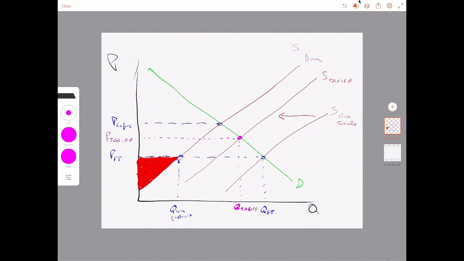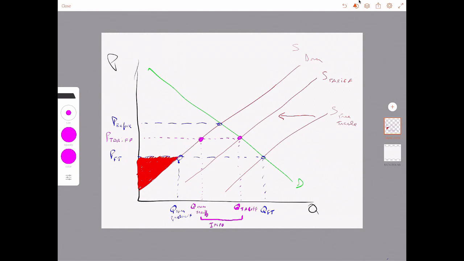And so that changes this situation tremendously. At that tariff price, domestic producers are able to be a little bit more competitive. So here is the quantity domestic with the tariff. So the gap between what's being bought and sold is not as large as it was before.